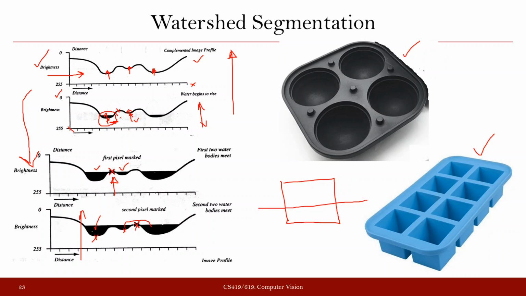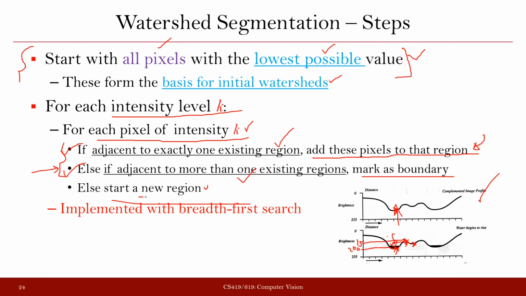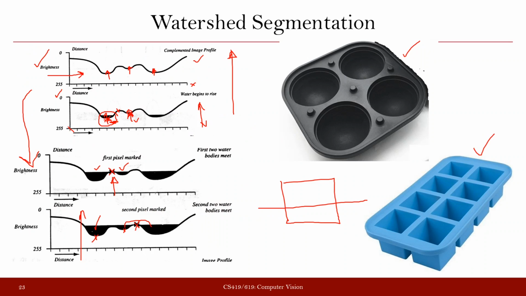Okay, so with respect to this algorithm, both this point and this point are coming because of the third step that we have. We are starting a new region, but now when you are accumulating the points in this region, they all are coming because of the first rule. And this particular point, when you are marking here, is being marked because of the second rule, because this particular point is adjacent to two regions.